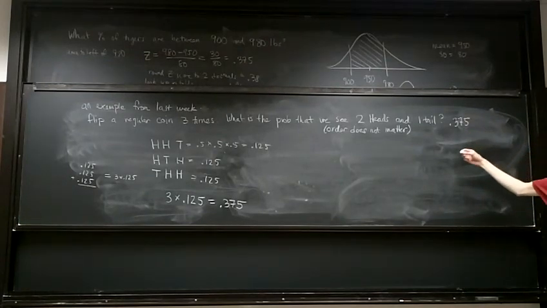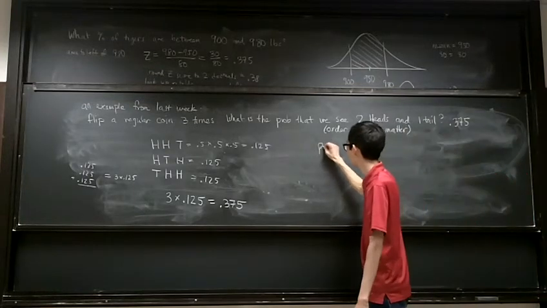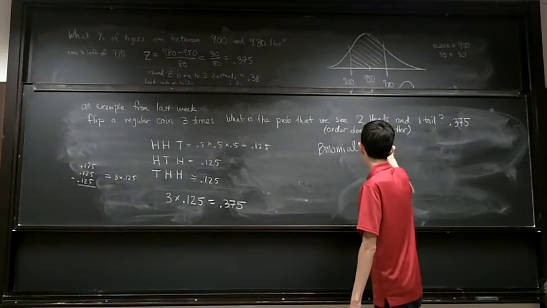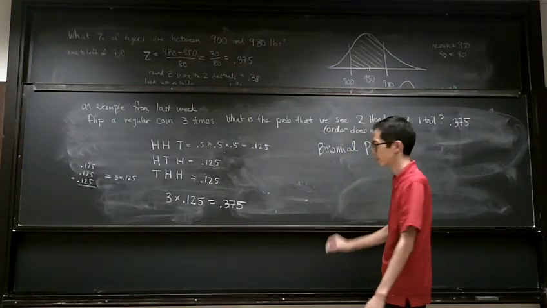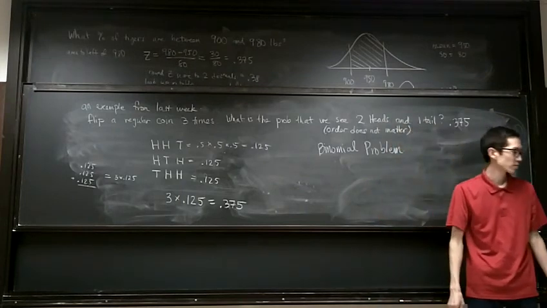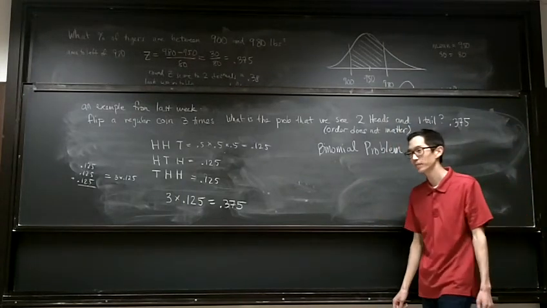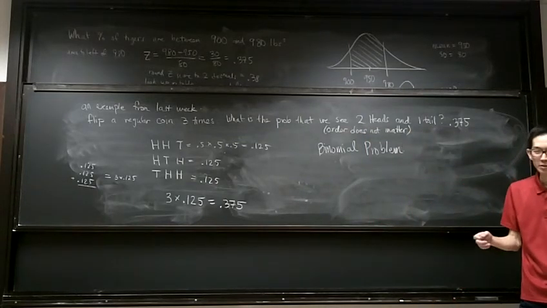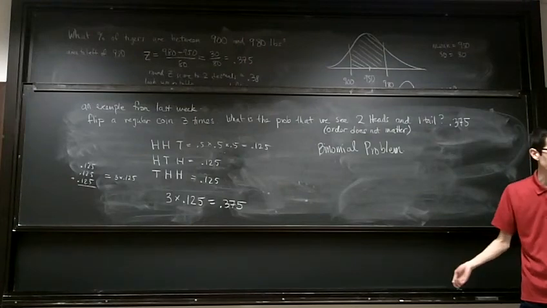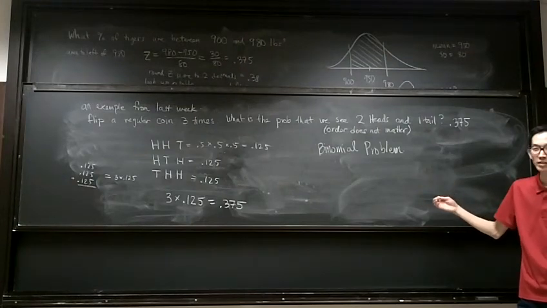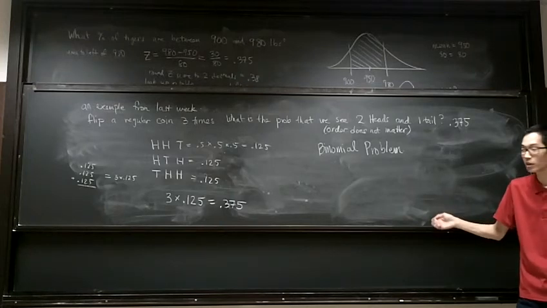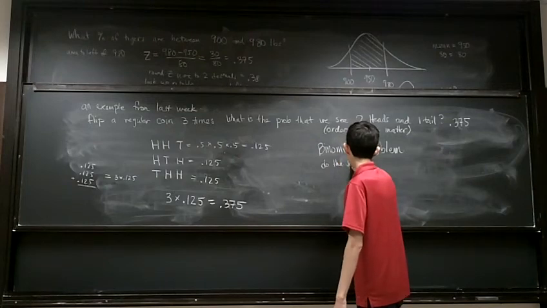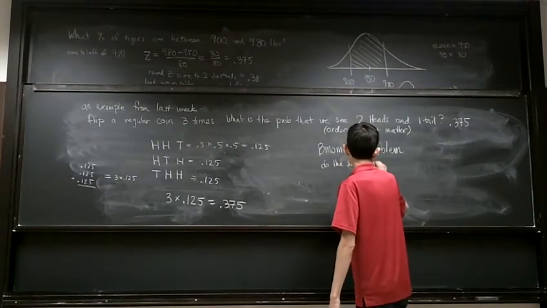This is something known as a binomial problem. A binomial problem is you do the same thing several times. In our case, we're flipping a coin and we're doing it 3 times.